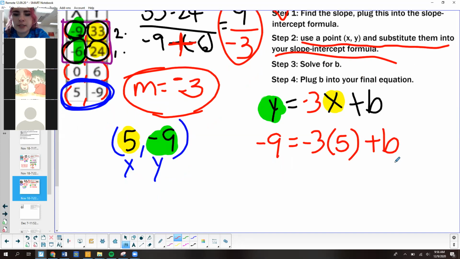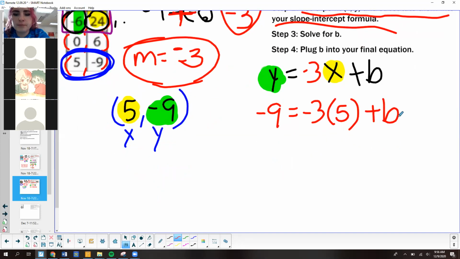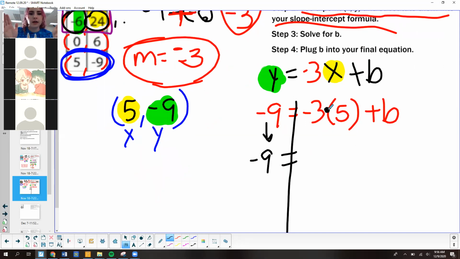All right, so now our only missing variable is B. So we're going to be able to solve for B at this point. So I've got -9 on one side. That's just going to come straight down. I can't really do anything with it yet. Whenever a number is directly next to a variable like this, whenever we've got -3 right up next to X, that's -3 times X. So when I replace that X with this 5, it's saying I'm going to multiply -3 times whatever is in there for X. So -3 times 5 is going to give us -15.